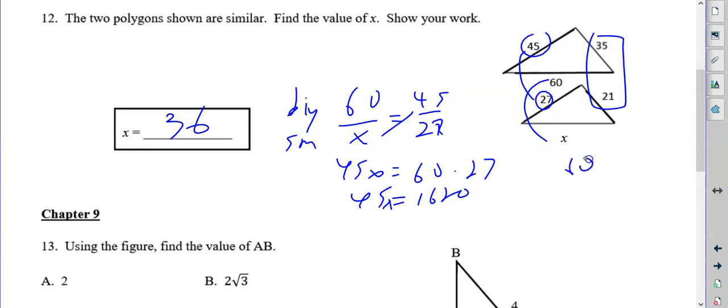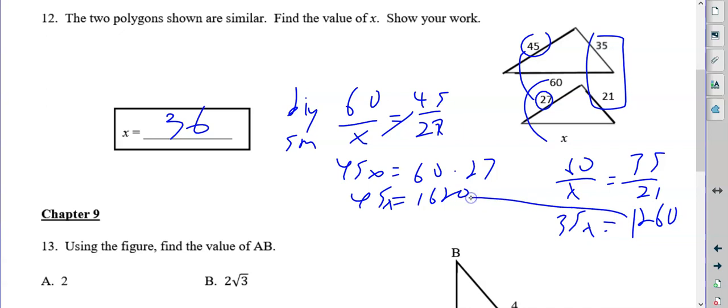And if you would have done this and 35 and 21 and done 35x equals 21 times 60, you would have gotten 1260. Kind of interesting. It's the same digits, just rearranged. No math behind that, just kind of funny. And if you divide that by 35, guess what you get? You get 36. So you could use either one of those ratios to solve for x.